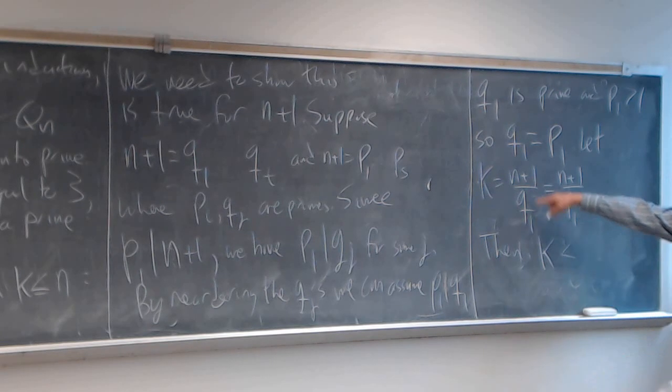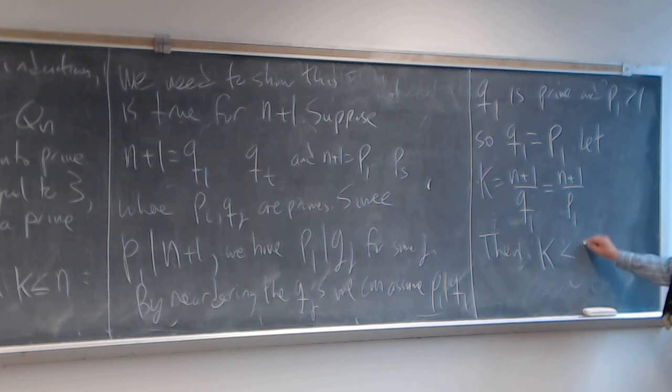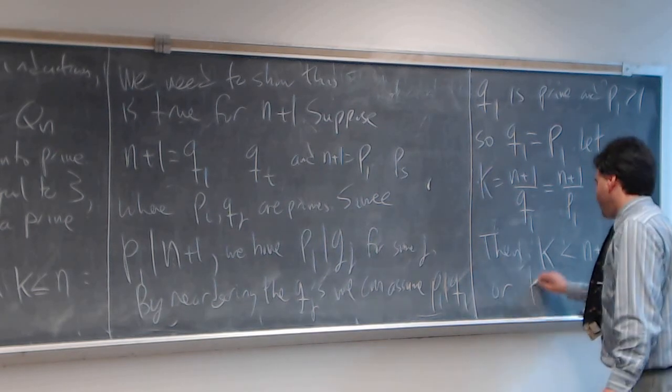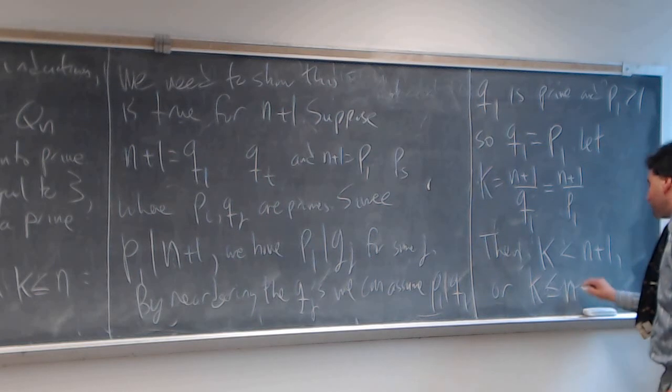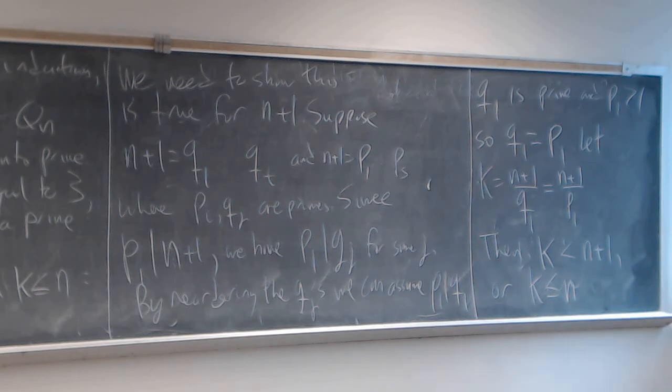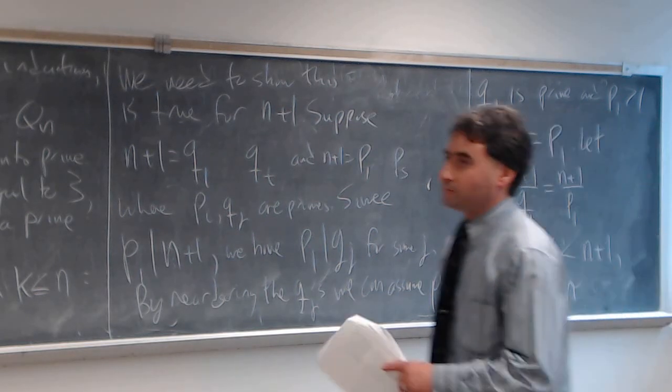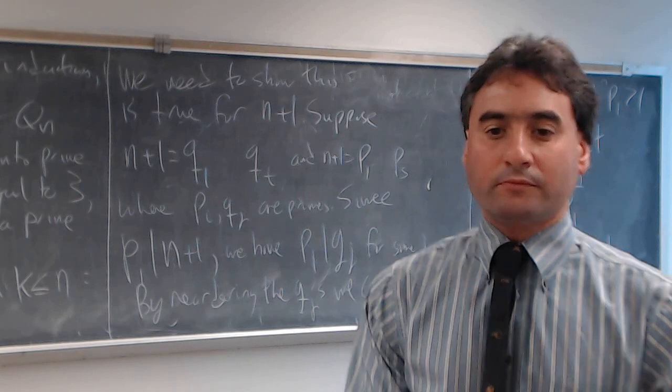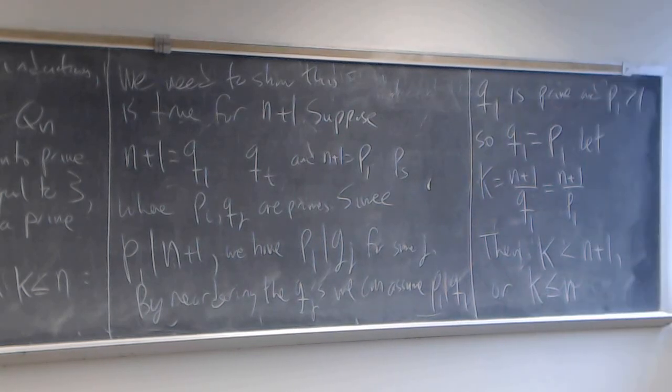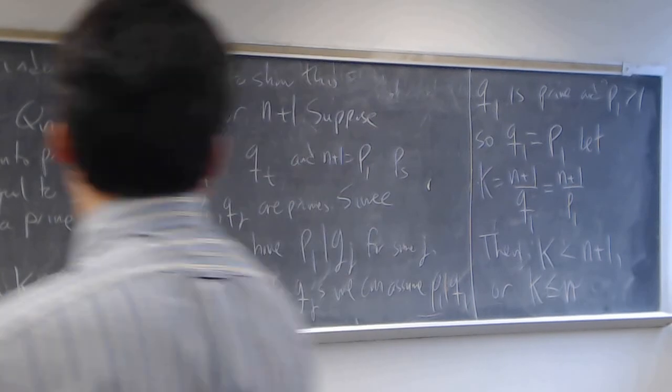Since we divided n plus 1 by a number greater than 1, k is strictly less than n plus 1. And since we're dealing with integers, k has to be less than or equal to n.